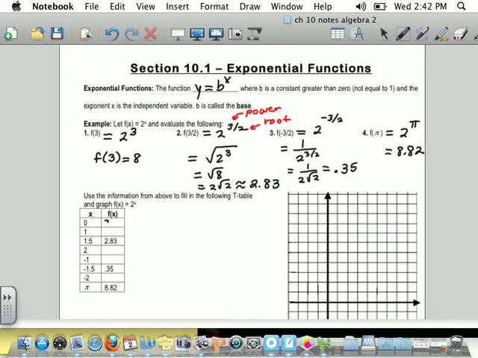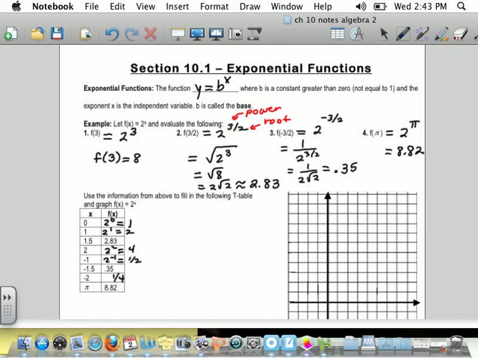Okay, so let's graph all those points. So the point (0, 1), these are kind of hard. We're pretty close to each other. (1, 2), (1.5, 2.83), almost to 3. (2, 4), (-1, 1/2), (-1.5, 0.35), so it's getting even smaller. (-2, 1/4), so even smaller.